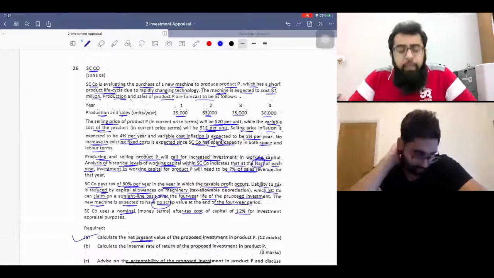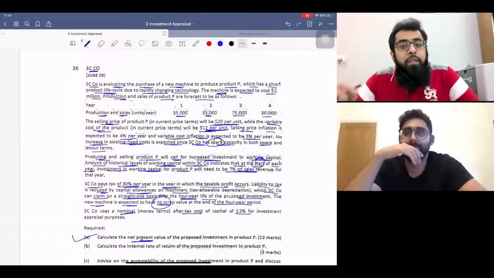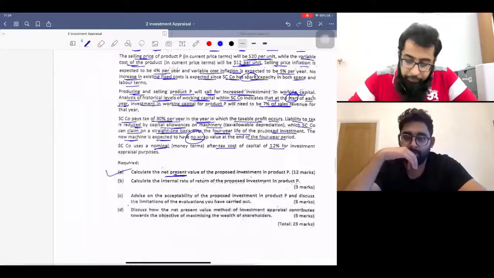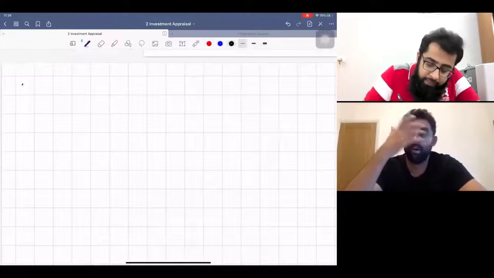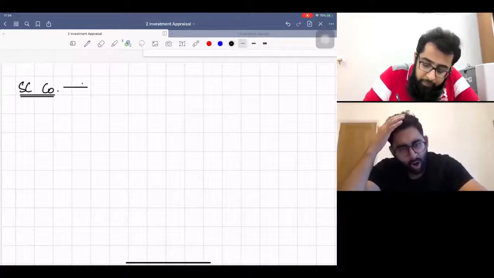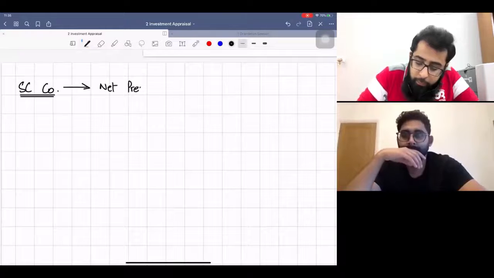Let's look at it again, some basic revision, and then one more new learning, which is incremental working capital. SC company, net present value.